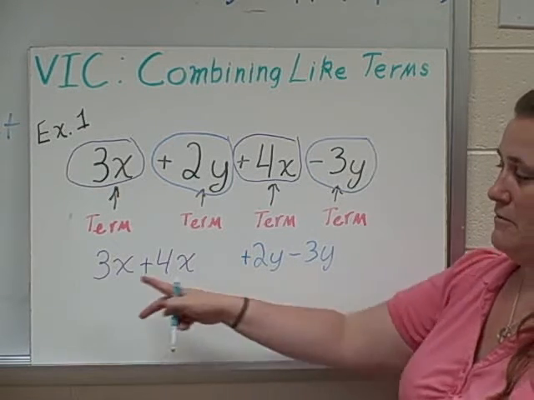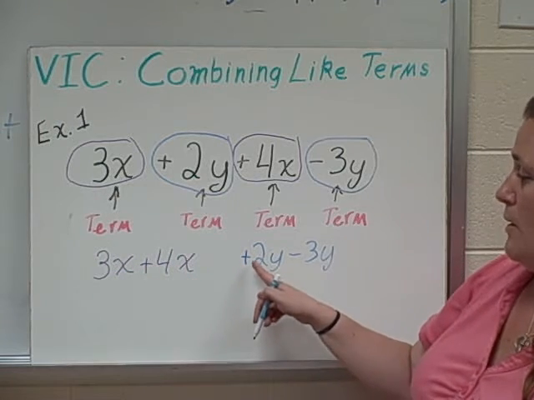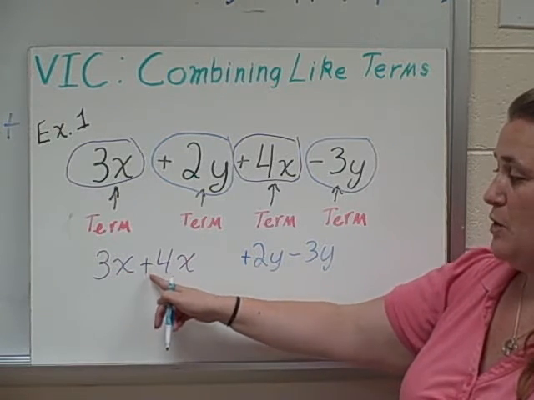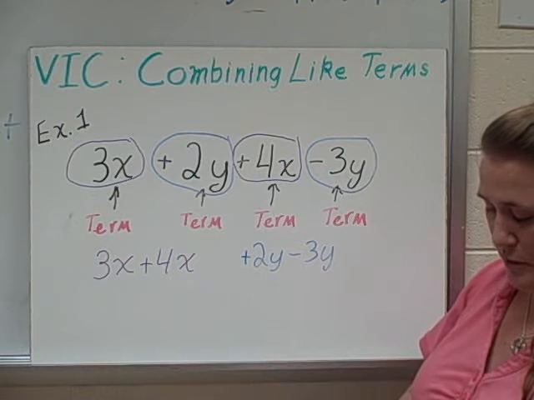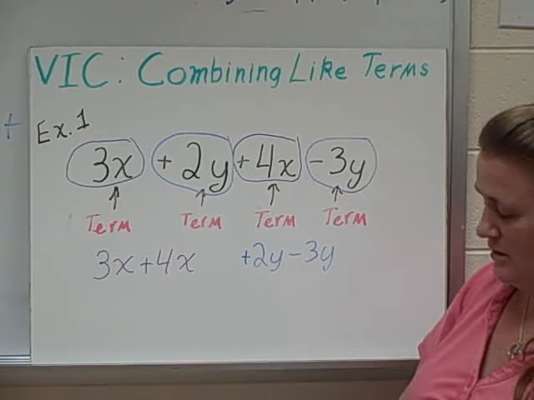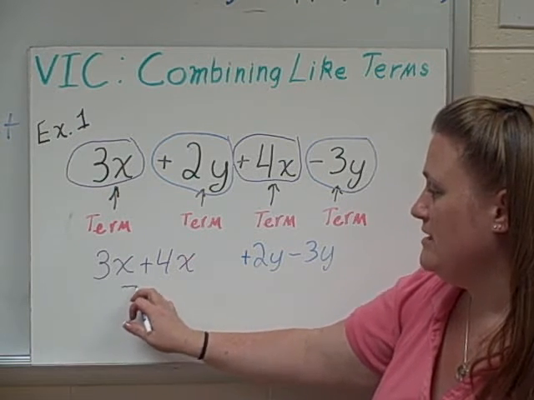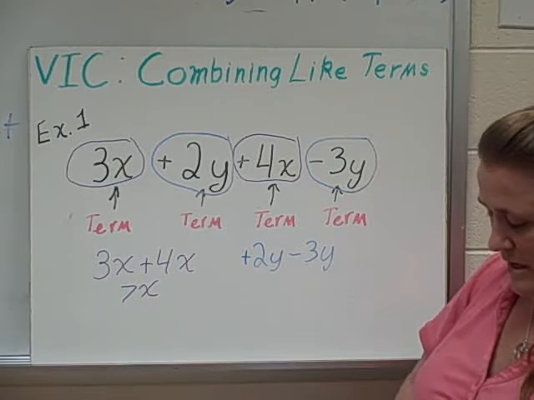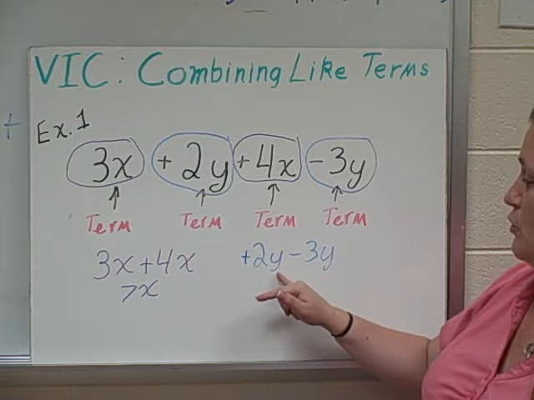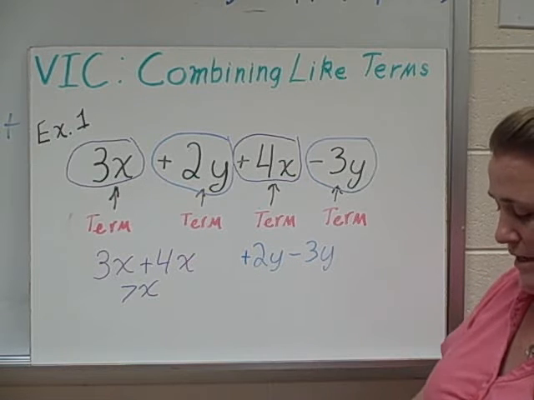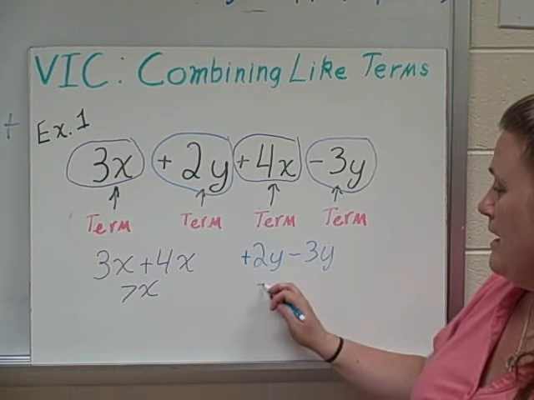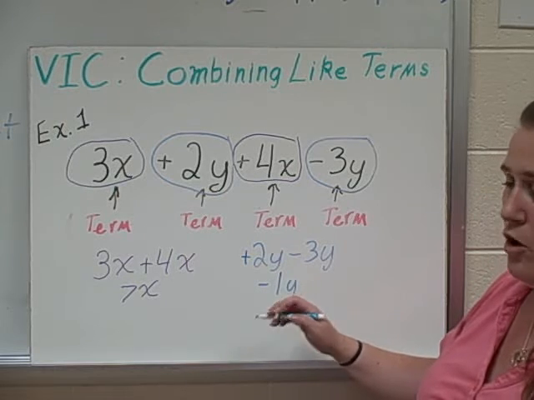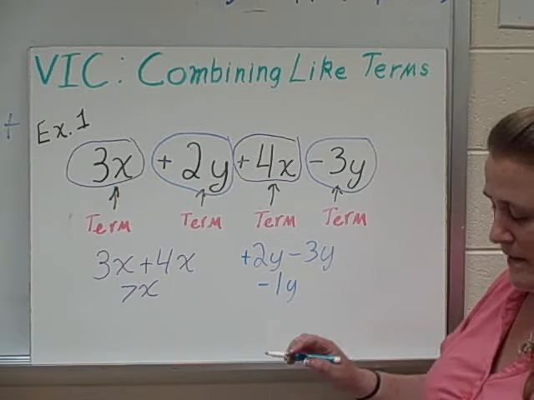And I then need to combine them down. 3x plus 4x, well, 3 plus 4 is 7, so that is 7x. And positive 2y minus 3y gives me negative 1y, or also minus 1y.